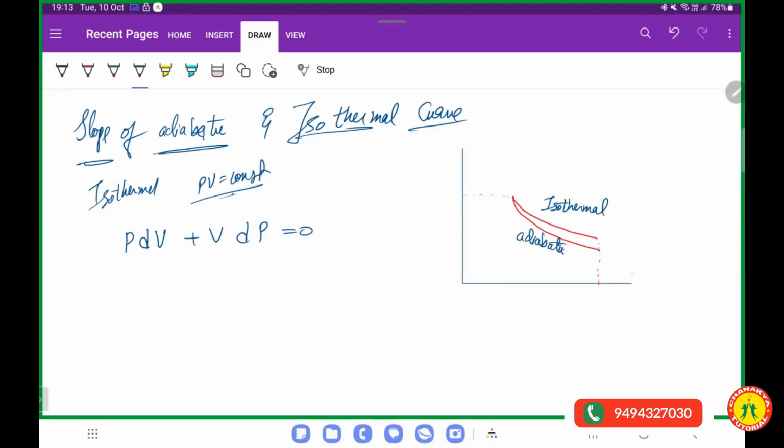There is only a very small difference in the curves, so you might get confused here, but just see the slope, whichever is steeper.